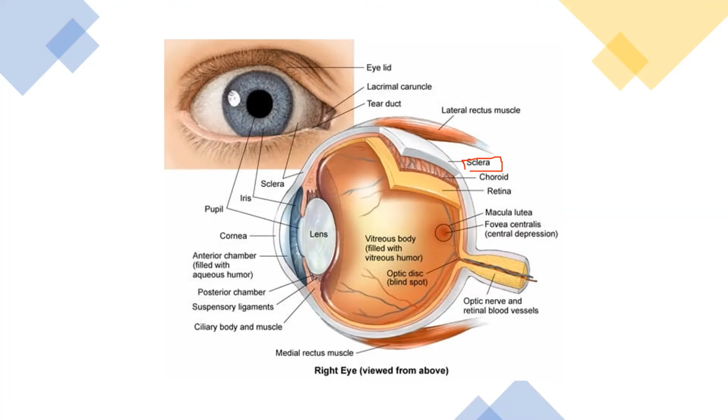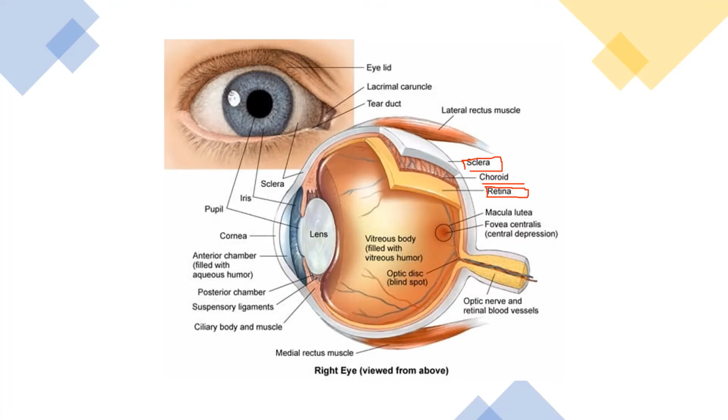Okay. Deep to that is the choroid. This is a layer of blood vessels and tissue, and we're going to go into a little bit more detail with some of this stuff. But the choroid is basically how the inner portion of the eye is supplied with blood, okay, and removal of waste products. Just deep to that is one of the most important aspects of the eye, and it is the retina, okay?